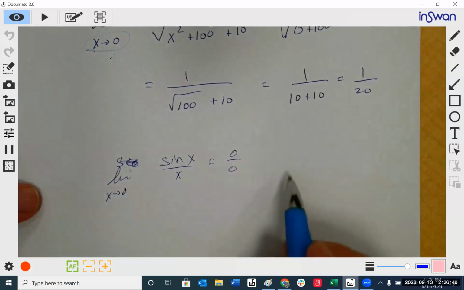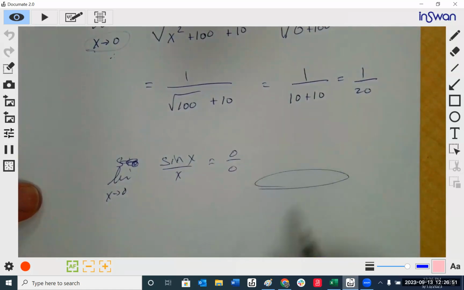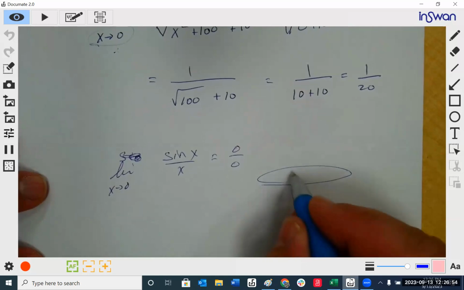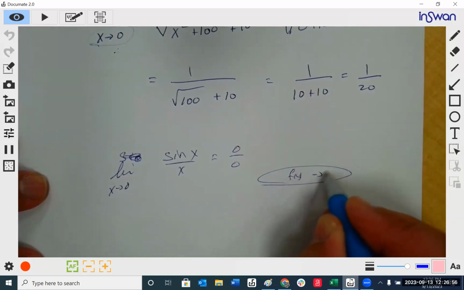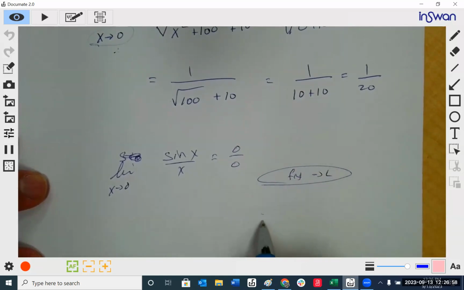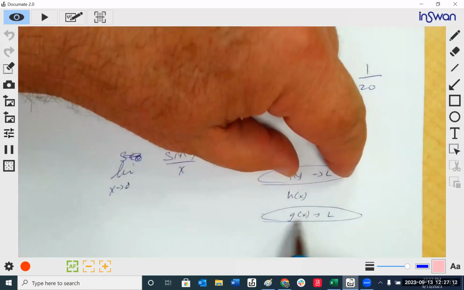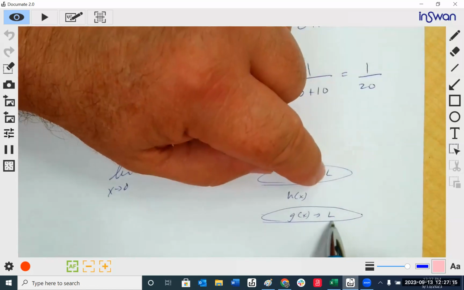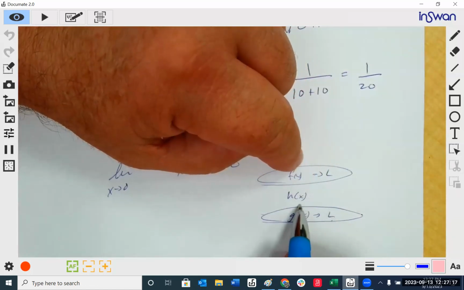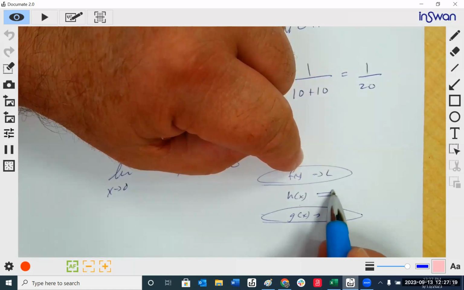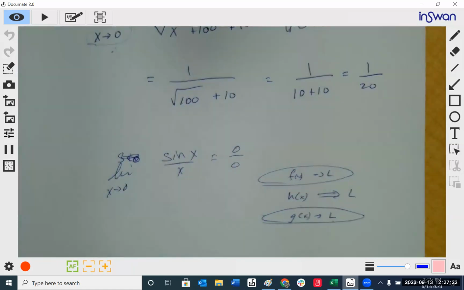Because what the sandwich theorem says, if we can prove one value, let's say it's f of x, and its limit exists, and we pick another value, g of x, and it also equals L, and this other one's between there. So if this is below it and this is above it and they go to the same limit, what does this one have to go to? It has to go to L. And that's what it's proving.